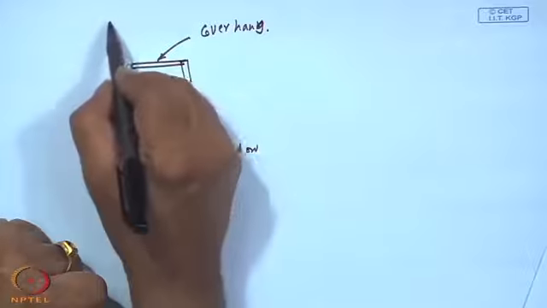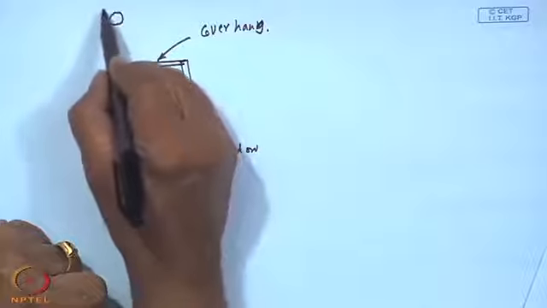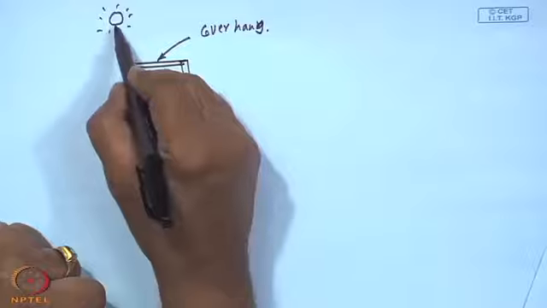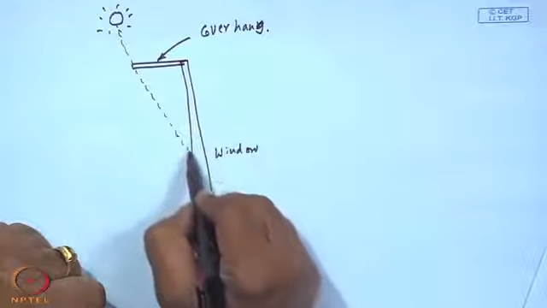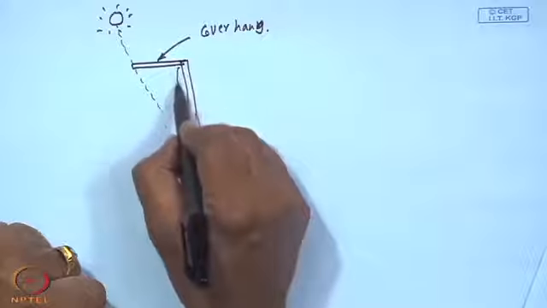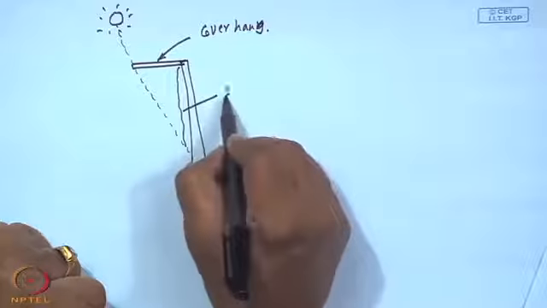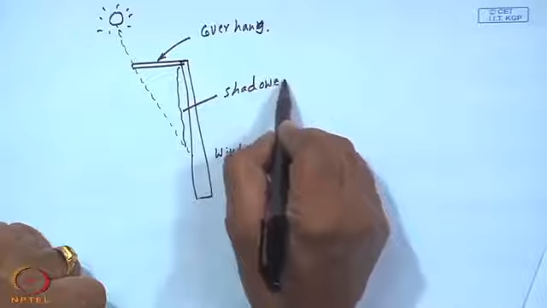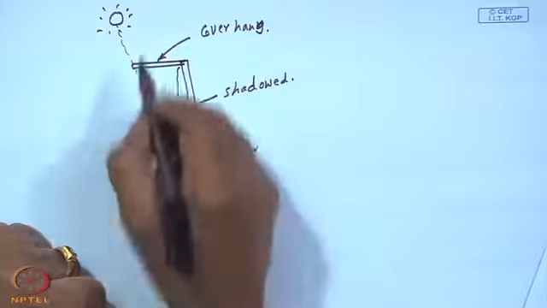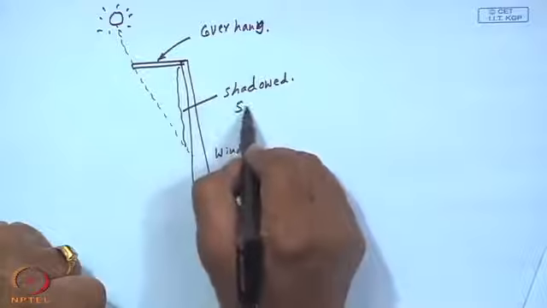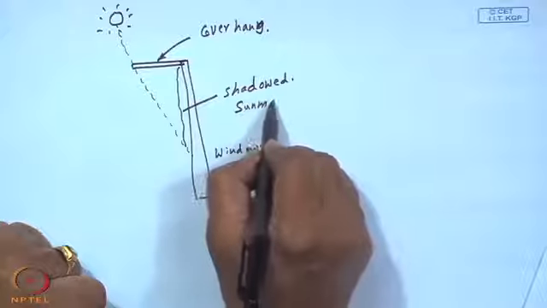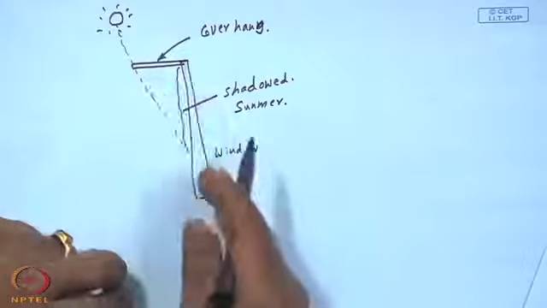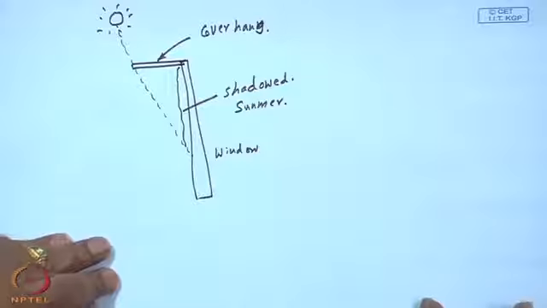So, if the sun is somewhere here, right above, this will be shaded or shadowed, if you like. This may be summer because the sun is right up, it will cast a longer shadow on the window.